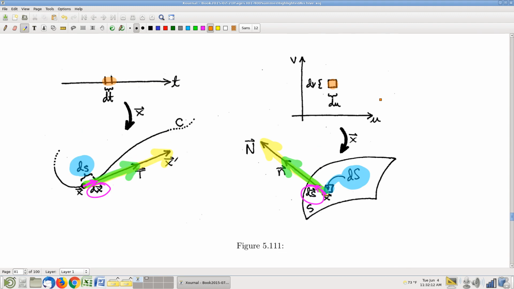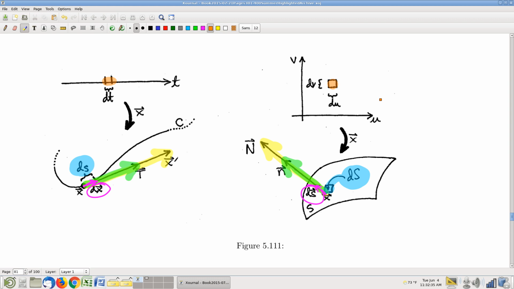So here's the analogy. The dx vector and the ds vector, both of them are vectors computed with derivatives from the parameterization times sizes in the pullback domain. Now that's x prime dt for curves.